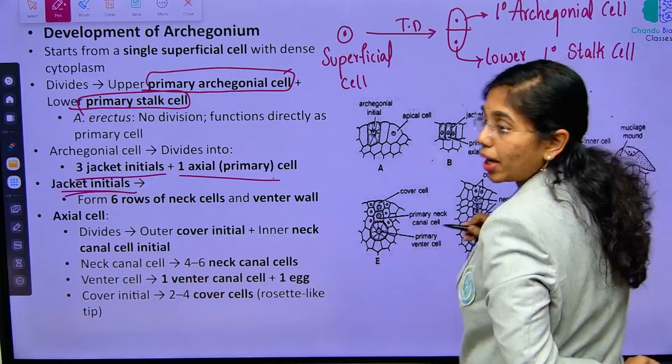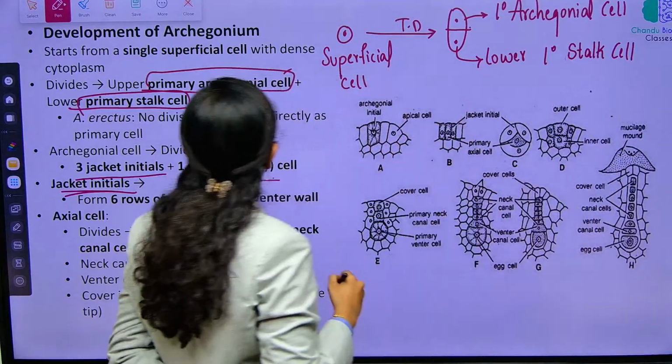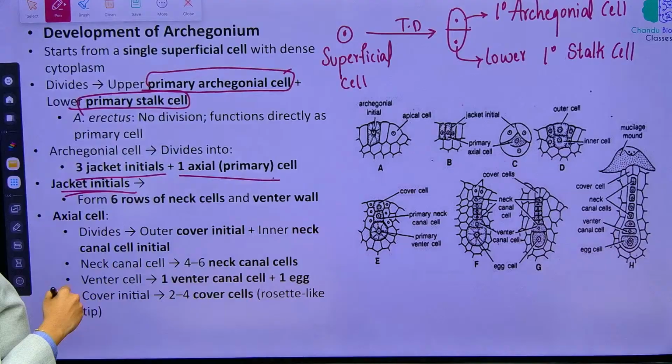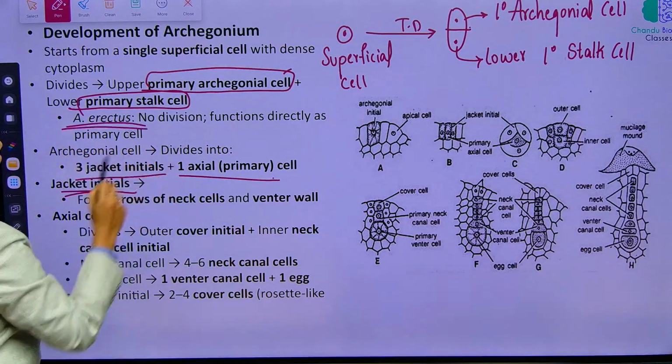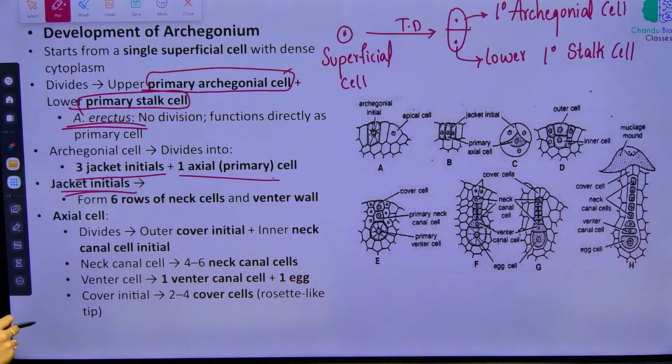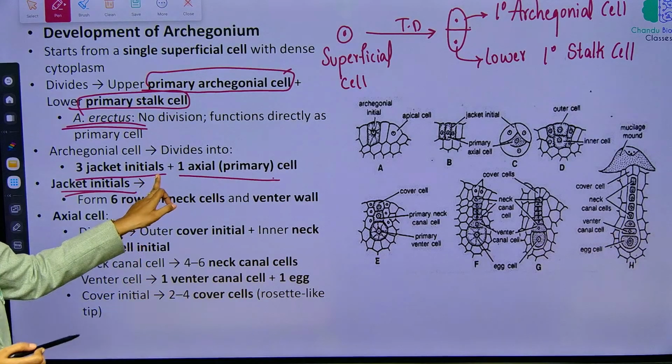Fine, lower primary stalk cell and upper will be archegonial cell. Here, primary stalk cell, if you see different species, in Anthoceros erectus there is no division and this functions directly as a primary cell. Archegonial cell will divide and here you see 3 jacket initials.